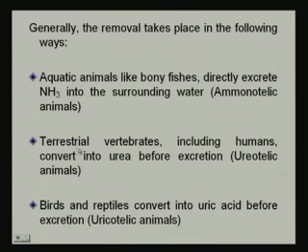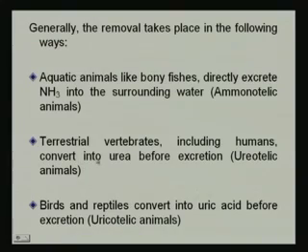In the case of terrestrial vertebrates, including humans, in our system ammonia is excreted in the form of urea, and this group of animals is called ureotelic animals.